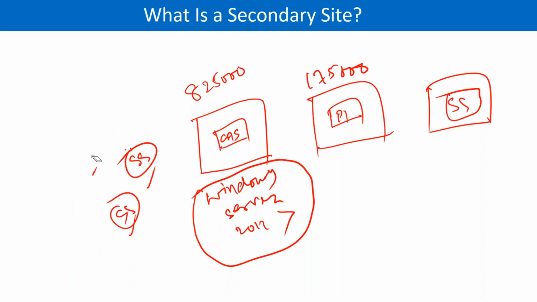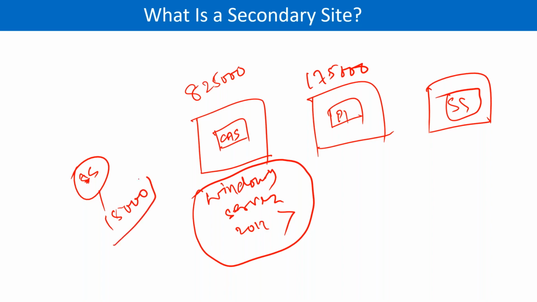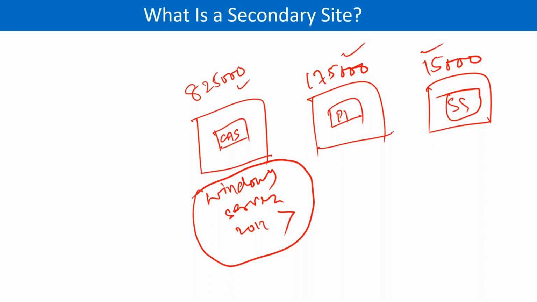And secondary is separate. Each secondary can have a maximum of 15,000. These are the maximum limits.